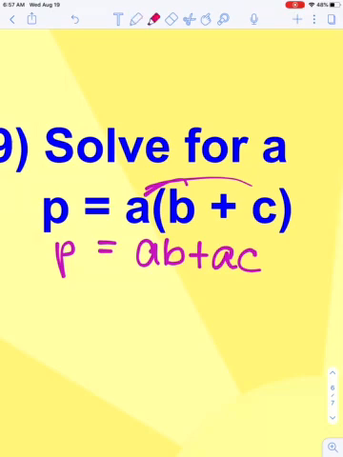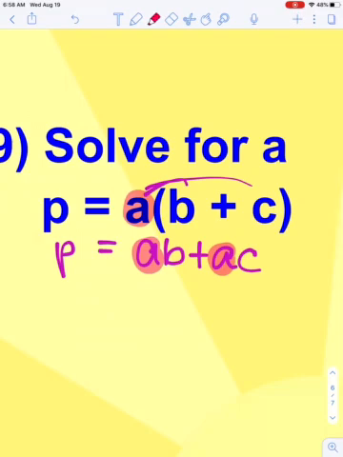This is why we have to check it out first. I wanted to solve for A. In my original question, my A was only here. After I distributed, now I have an A in 2 places, and I just made my job impossible. Okay? I cannot take that A and distribute it if that's what I'm trying to get by myself.